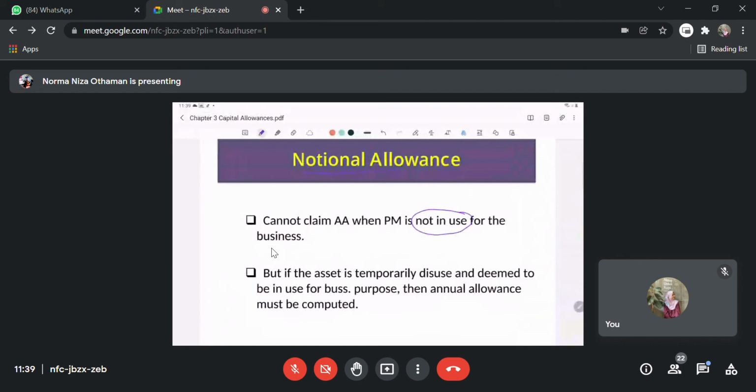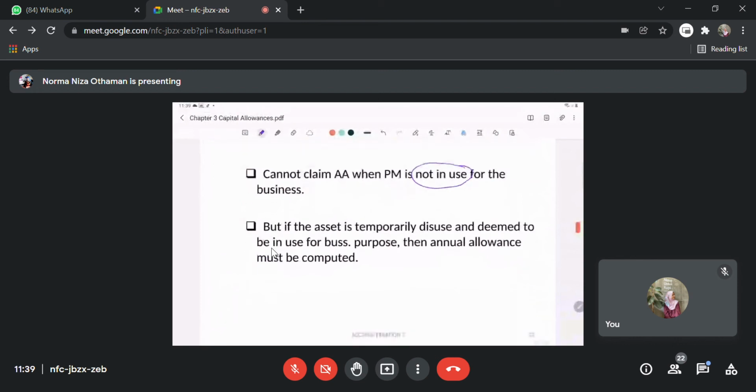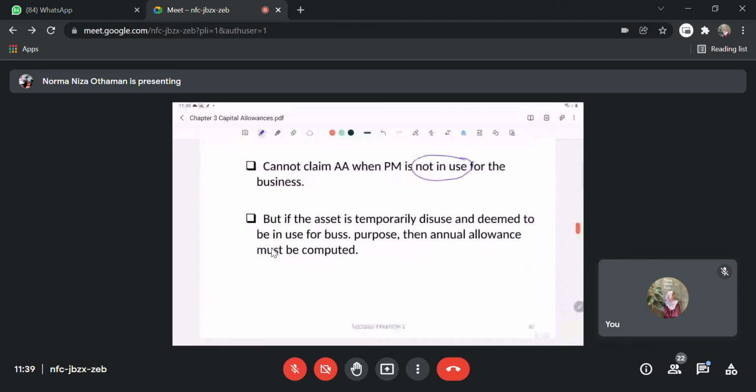The asset is temporarily disused and deemed to be used for the business purpose.